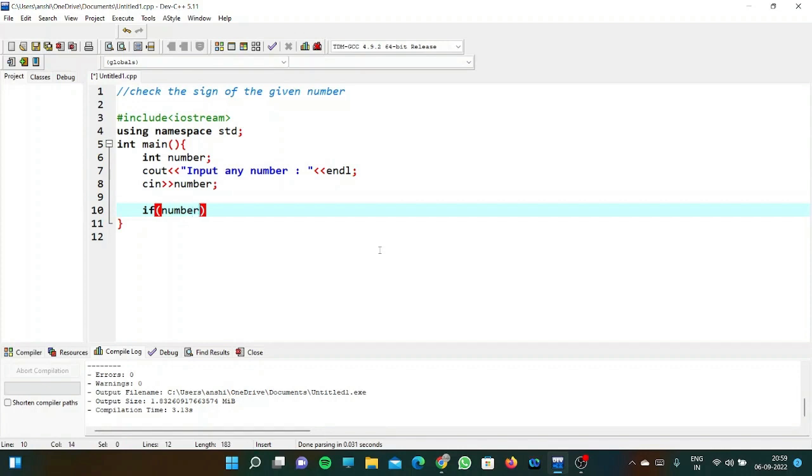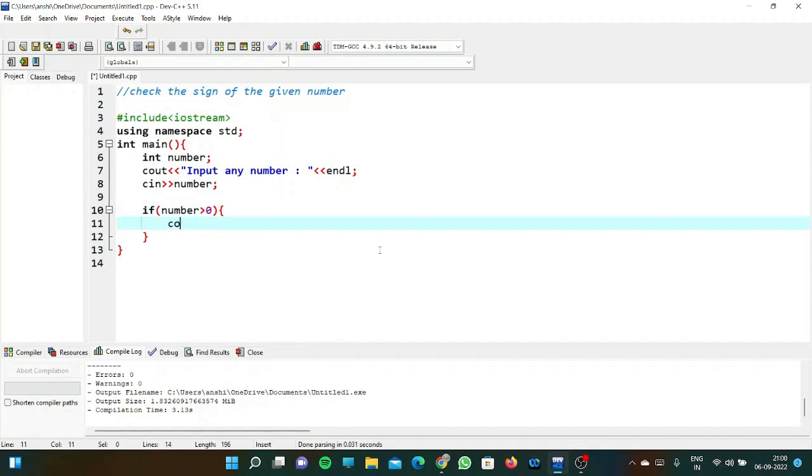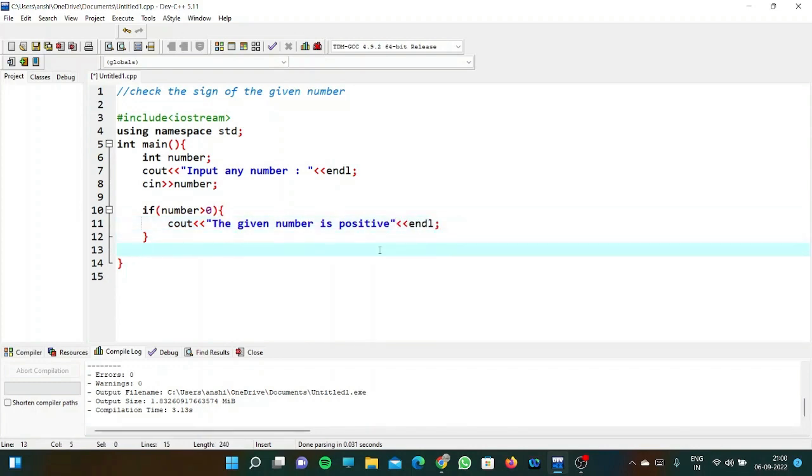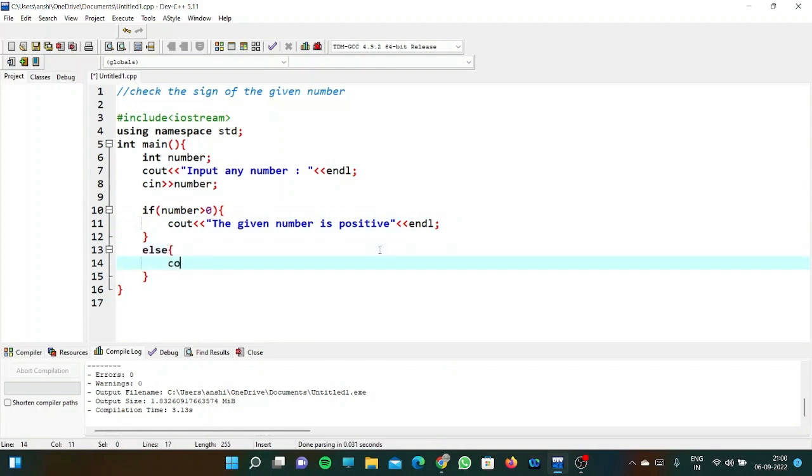If number is greater than 0, that means cout the given number is positive. Else cout the given number is negative.